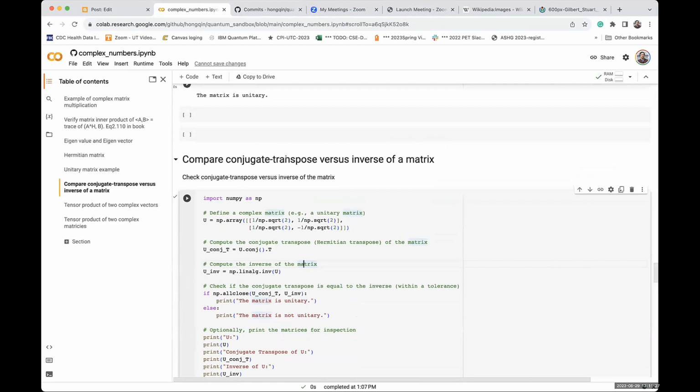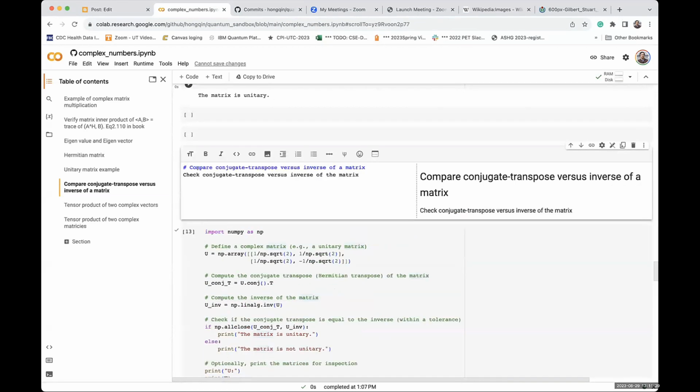And let me rewrite the comment. For a unitary matrix, conjugate transpose and the inverse are equal.